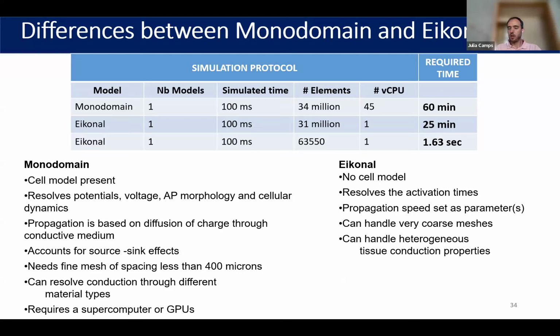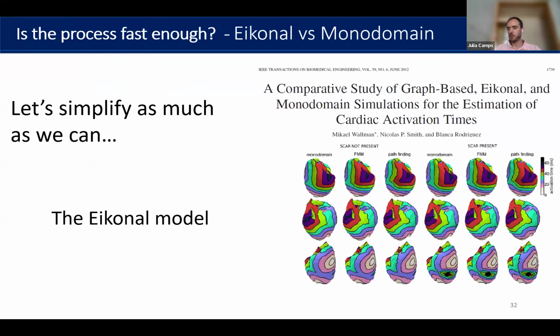The iconal will be suitable for doing that personalization because it behaves really similarly or virtually identically to the monodomain for the properties of our model that we are interested in, which would be how this wave propagates to the heart. So both models behave very similarly, as we saw here in this figure.